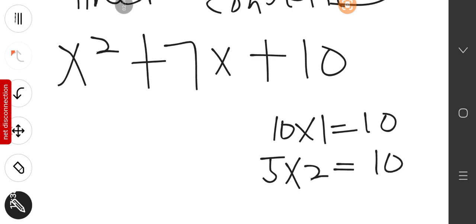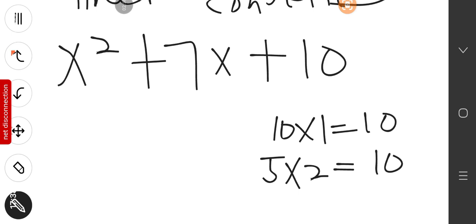Before we select any of these numbers, we look at the linear term, which here is 7x. We are going to look at the one that can give us 7.